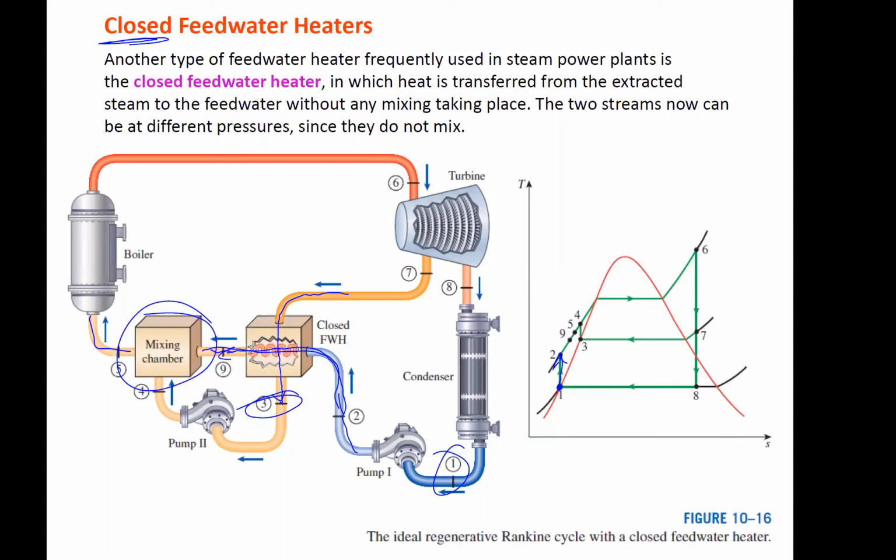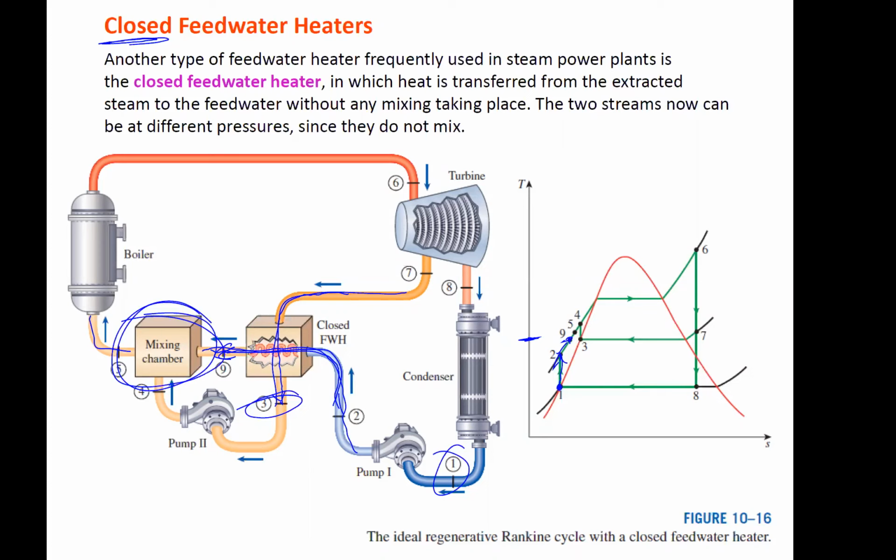All right, now we have 7 and 3 heating up 2 to 9. So we get all the way up to 9 here, that same temperature that 3 is at, because that's the max we could get to for our temperature at 9. Now we go through a mixing chamber.